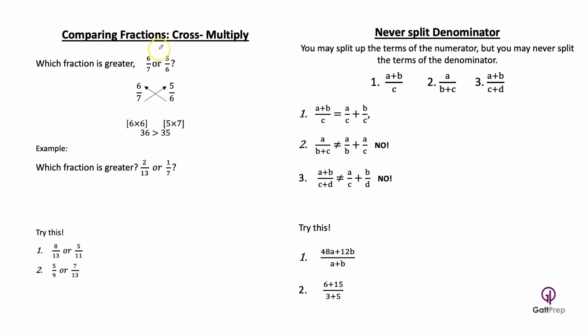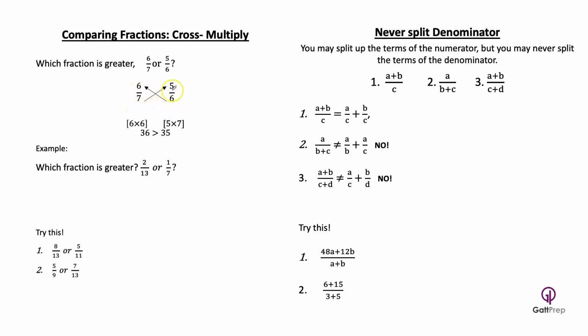Now, comparing fractions. Here we have this example. It says which fraction is greater. Now, the shortcut to comparing fractions is by cross multiplying. This involves multiplying the numerator of one fraction with the denominator of the other fraction and vice versa. So you have this particular fraction here, 6 over 7, and then you have 5 over 6.